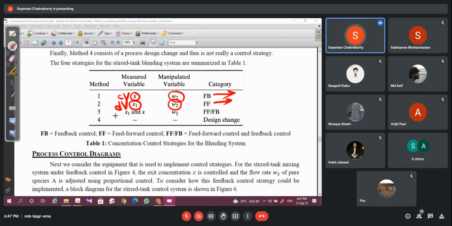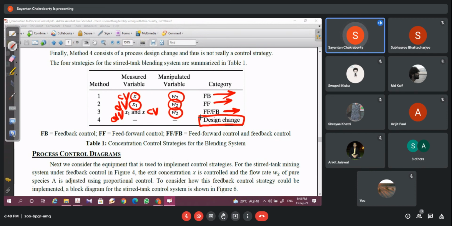Last one, you measure the disturbance variable and the controlled variable, and manipulate the manipulated variable, that is a combination of feed-forward and feedback. And the last one is a design change, where you change the tank to increase the capacity. So this is an entirely new scenario. There is no control required. These are the different aspects of control that we can think of to tackle this simple problem.